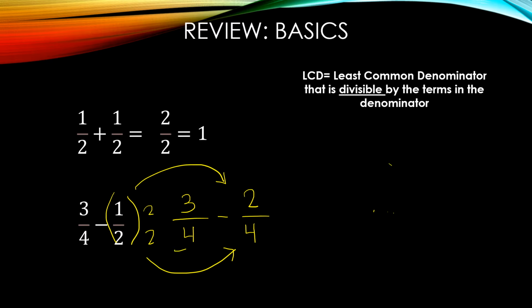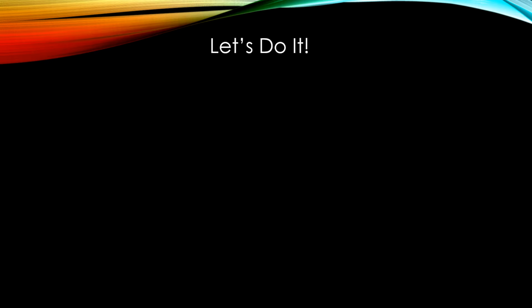And now I can carry out this problem here to give us 1/4. So this method still rings true even when we're working with variables and harder problems, and I'll show you that in a little bit. So now we're going to work through some expressions that have variables in them.